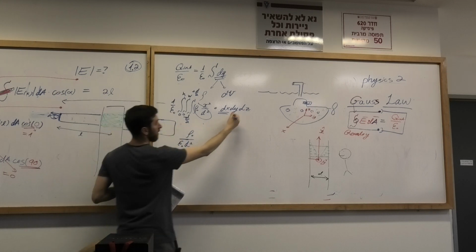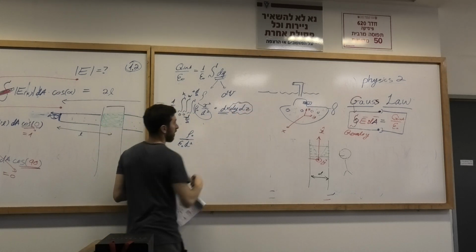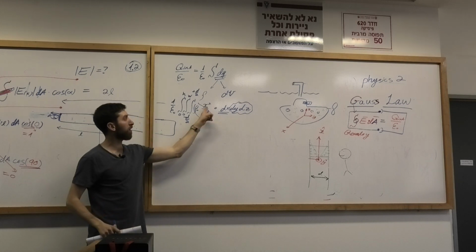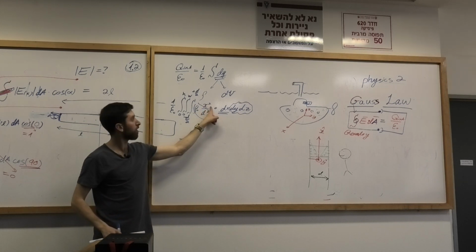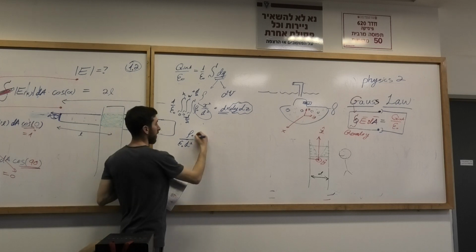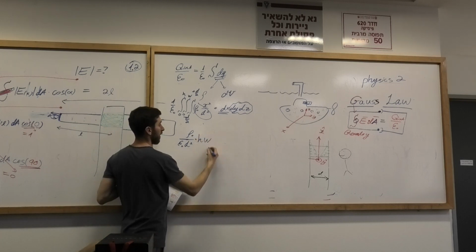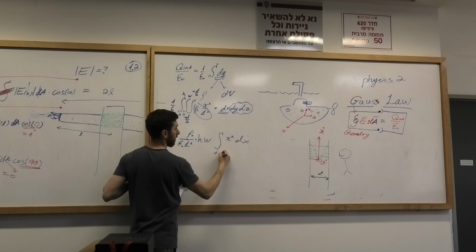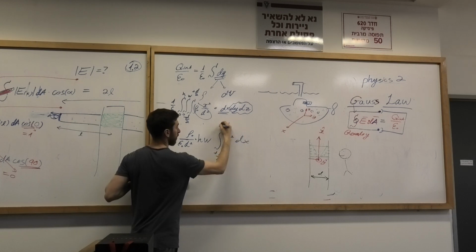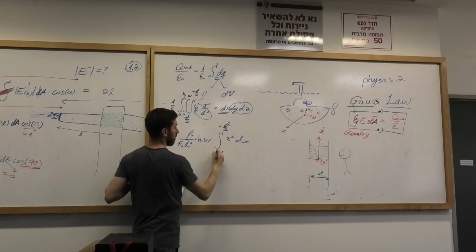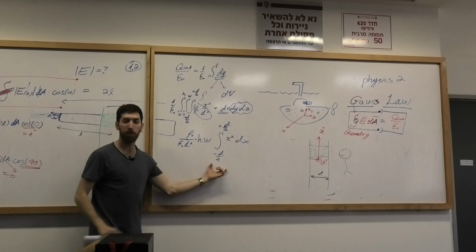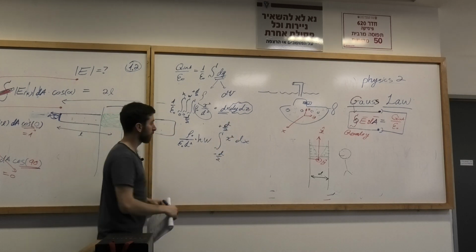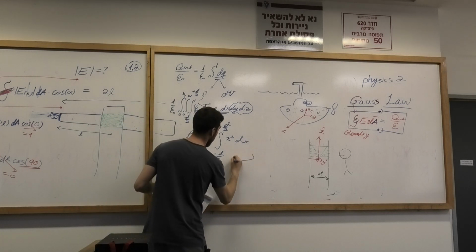Good. And these two are not relevant to the integral. This is x squared, you see it? So it's just multiplied by hw. And then I'm left with this integral, x squared dx from minus d over 2 to plus d over 2. Yes, we got it? Good. So this integral is equal to what?